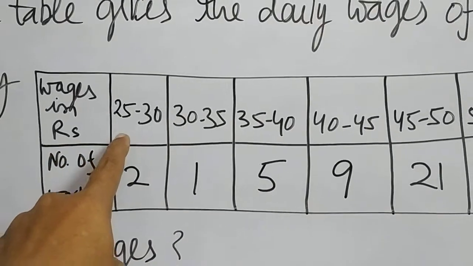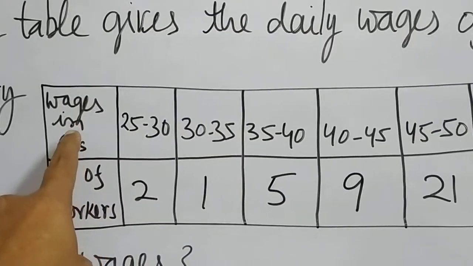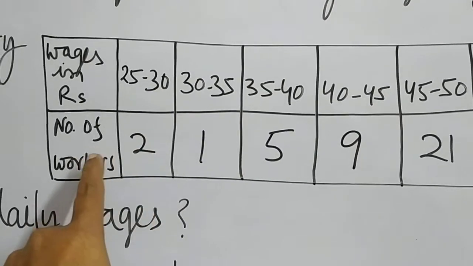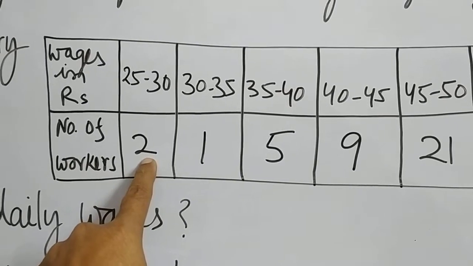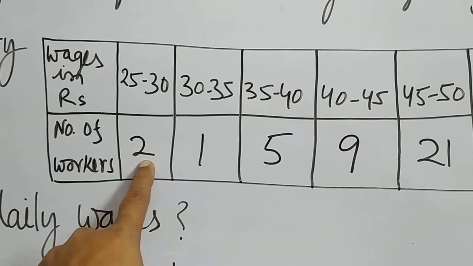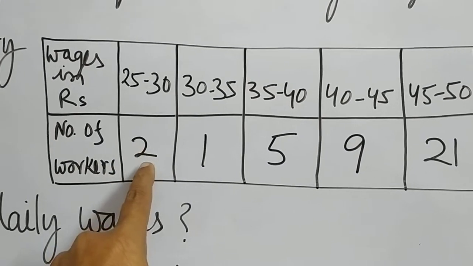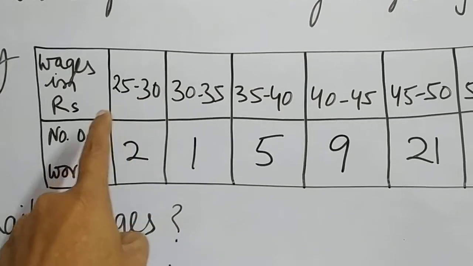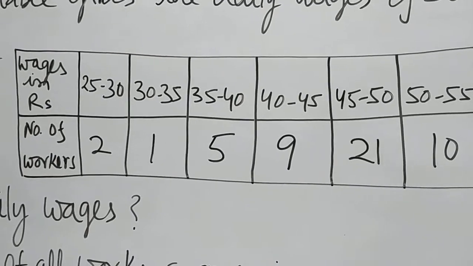In this column you see the wages given 25 to 30, and in number of workers written here is 2. That means 2 laborers are getting 25 to 30 rupees as a daily wage.